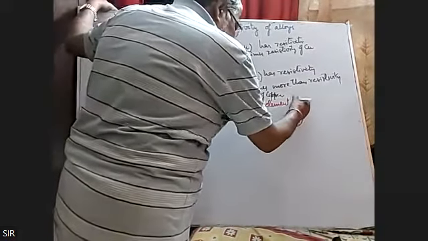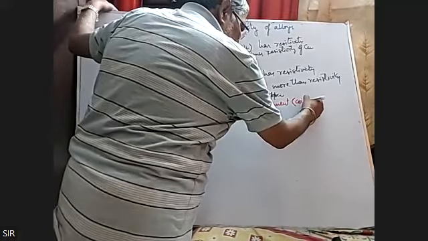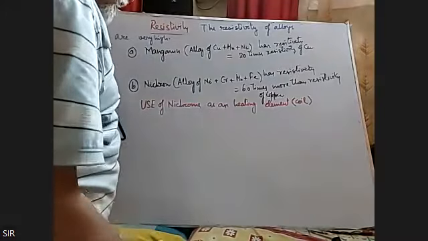So element means coil. The spiral coils are there, right?